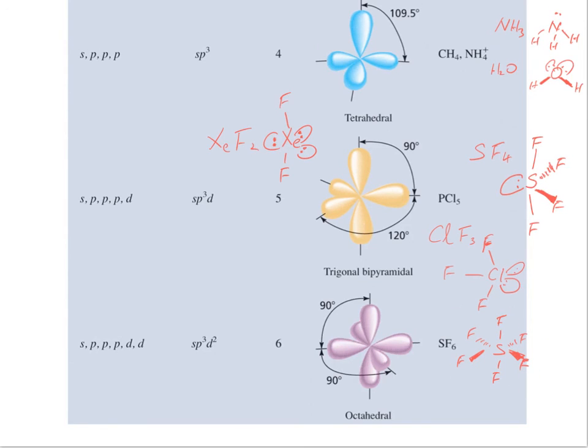How about the case with lone pairs? For example, iodine pentafluoride. The Lewis structure of this molecule has iodine with one lone pair and five single bonds with fluorine.